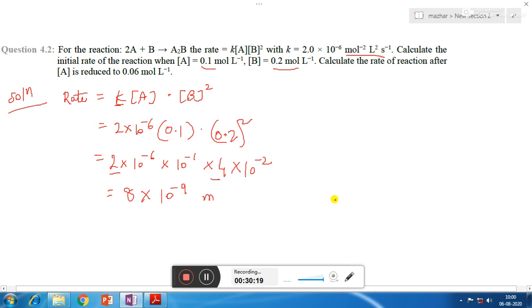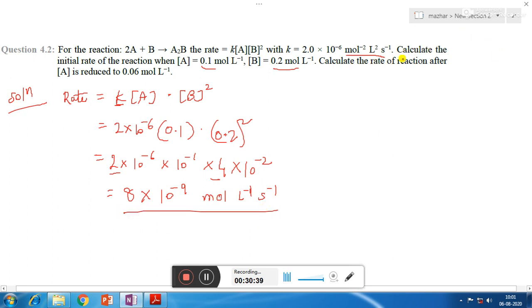So what will be the unit of rate? The unit of rate is always fixed, that is mole per liter per second. So this is our first answer.